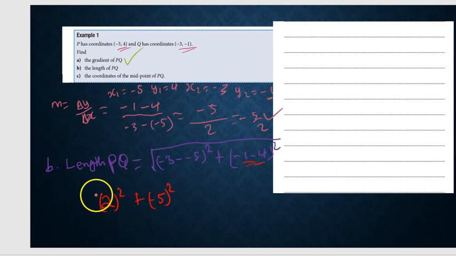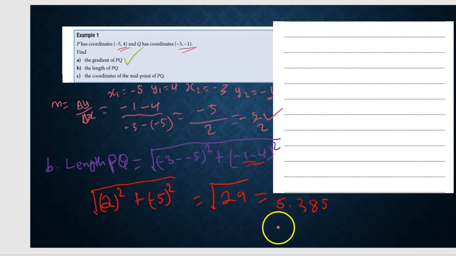So we are going to have the square root of all of this. 2 squared gives us 4, and 5 squared is 25, plus 4, that is 29. So what is the square root of 29? The square root of 29 is going to give us 5.385, correct. So this will be the length of PQ.